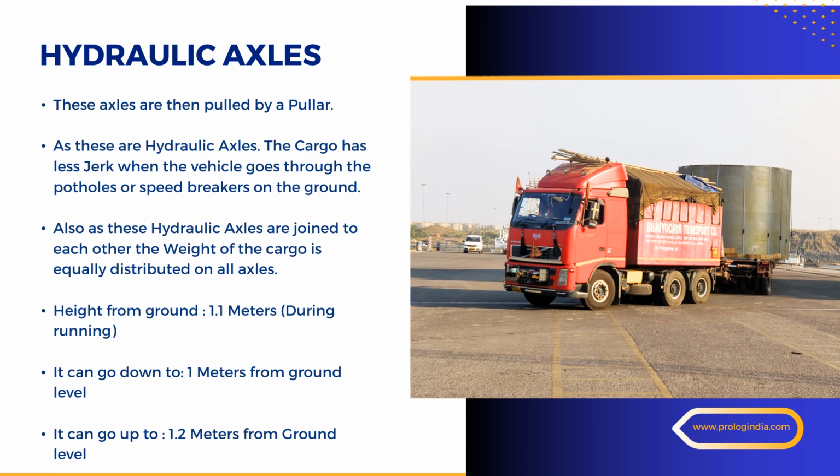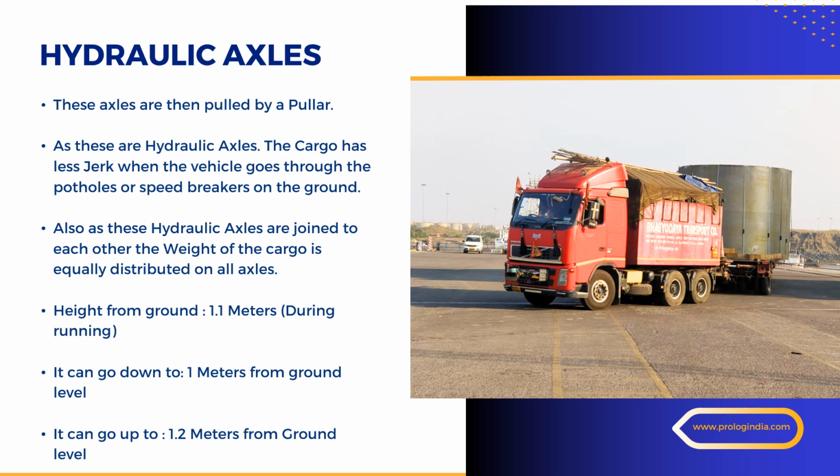As these are hydraulic axles, the cargo has less jerk when the vehicle goes through potholes or speed breakers on the ground. Also, as these hydraulic axles are joined to each other, the weight of the cargo is equally distributed on all axles.